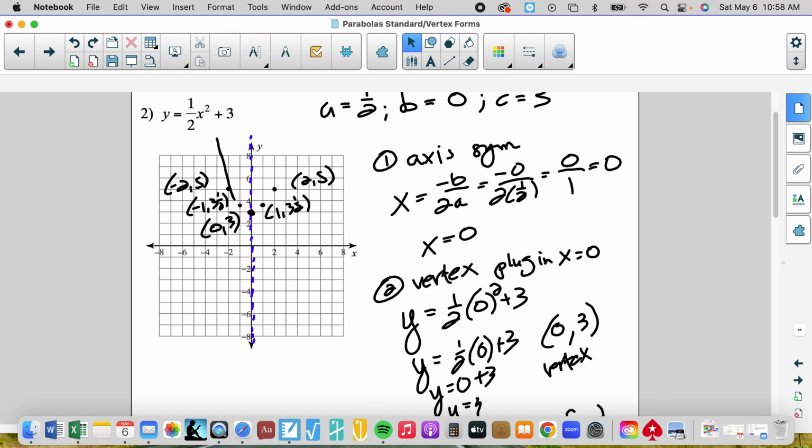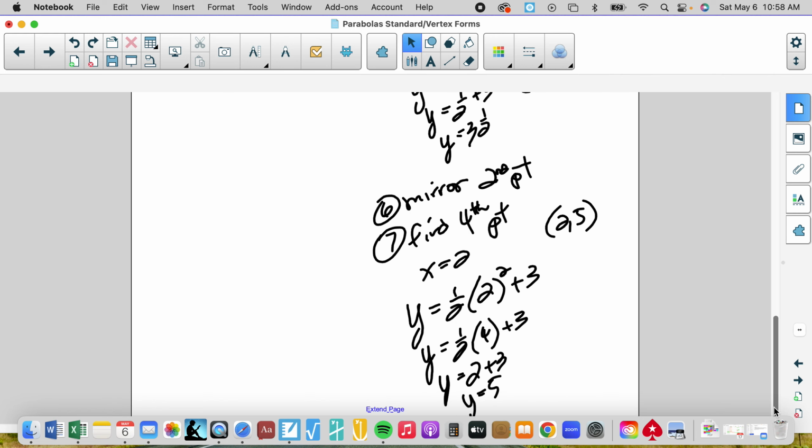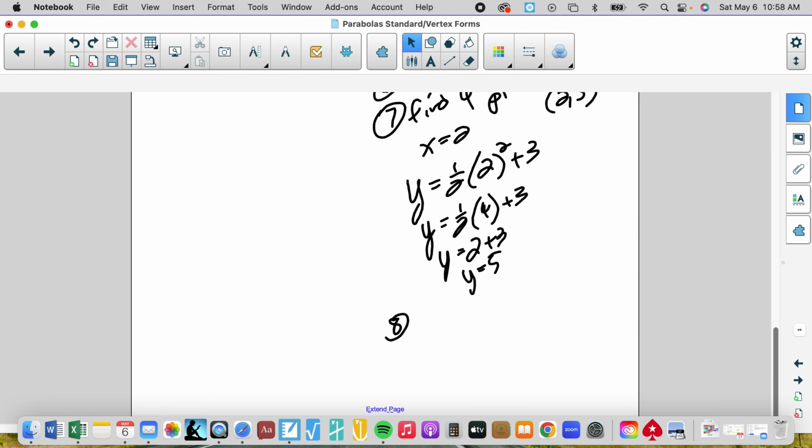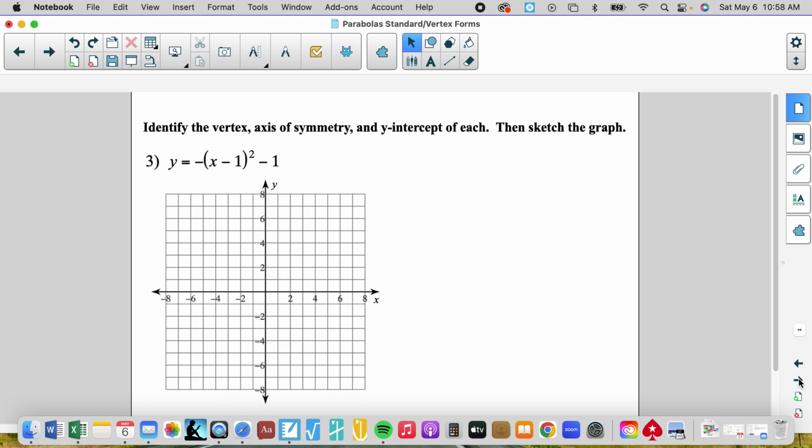Those are 5 points, and I connect the dots. I've labeled them. I can see and read my coordinates, and that's good. So this one actually took 8 steps because you're going to mirror the 4th. That happens sometimes where your vertex is your intercept. So be aware of that.